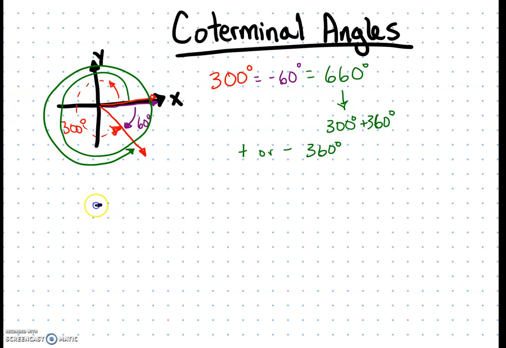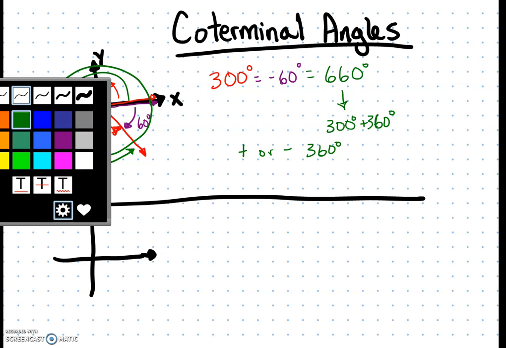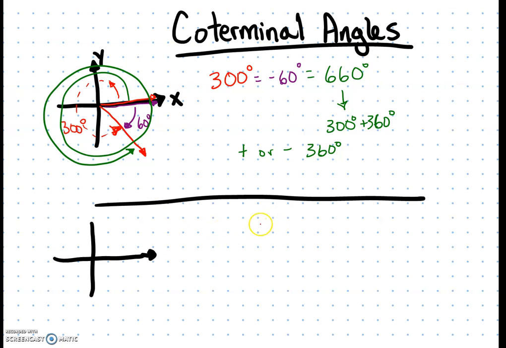If we're dealing in terms of radians, the process is the same, but sometimes we just have to think a little bit harder. So let's do an angle of pi over 4. Pi over 4 is a 45-degree angle.